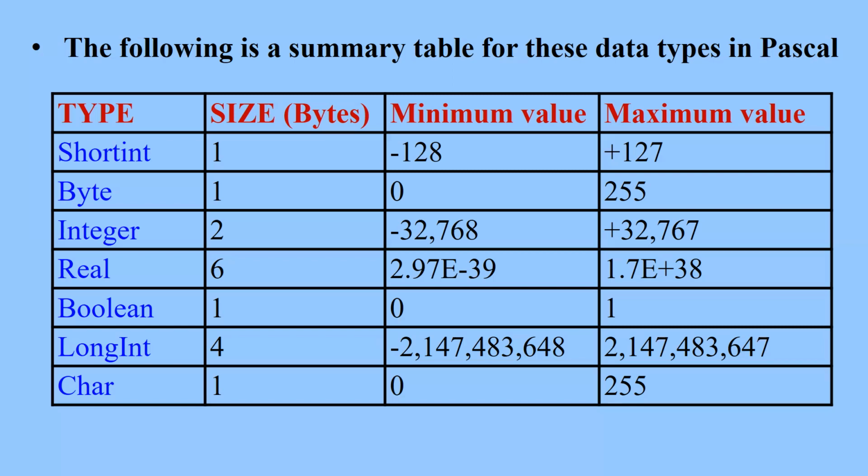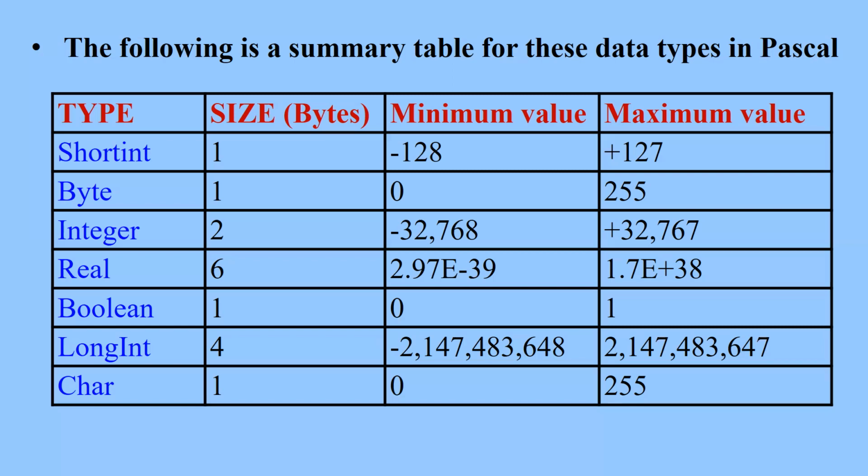Boolean is size 1. It can accommodate a minimum value of 0 and a maximum value of 1. Not more than that, not less than that. Long int is of size 4 bytes. It can accommodate a minimum value of negative 2,147,483,648 and a maximum value of 2,147,483,647.